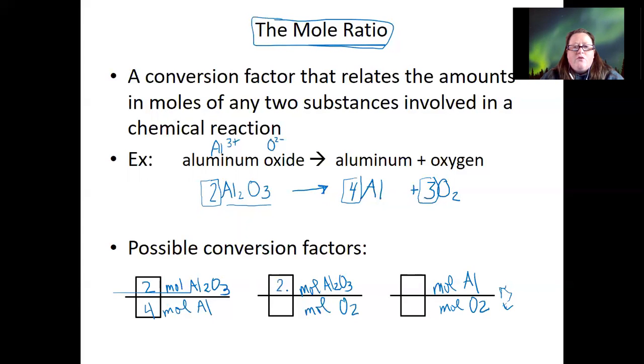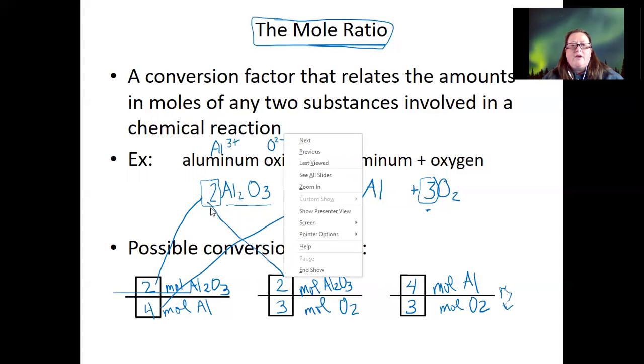For every 2 moles of aluminum oxide, I have 3 moles of oxygen. And for every 4 moles of aluminum, I have 3 moles of O2. So this is the mole conversion, the mole ratio, and these numbers come from the balanced chemical equation.